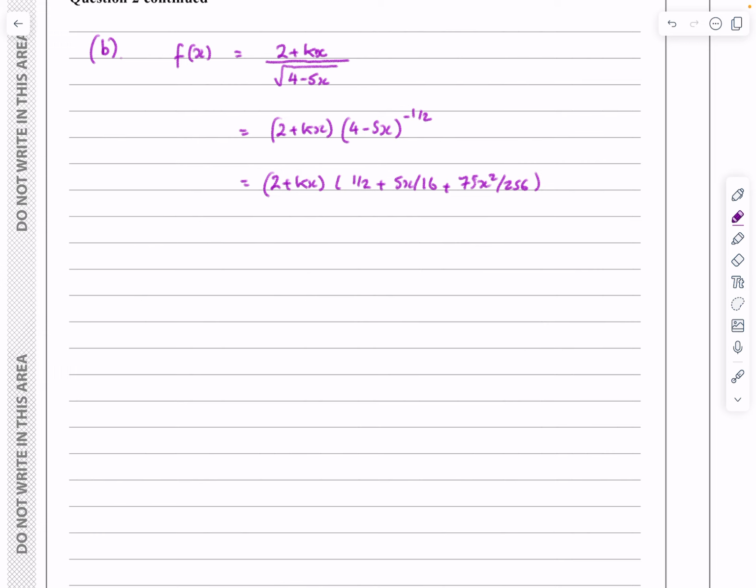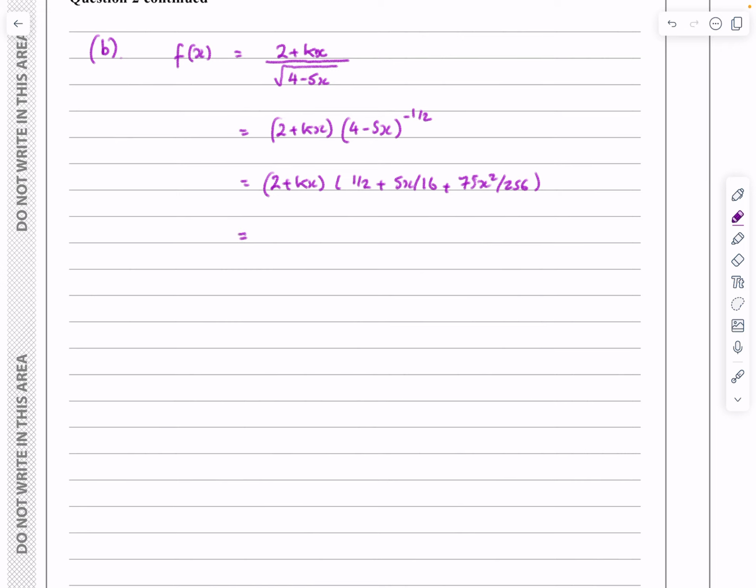So I need to multiply that all out. When I multiply it out, I'm going to do 2 times that one, 2 times that one, 2 times that one. That's fine. Get 3 terms from that. When I do the kx, I'll do kx times that and kx times that one. I don't need to do the last one because kx times 75x squared is going to give me a term in x cubed, which I don't actually need.